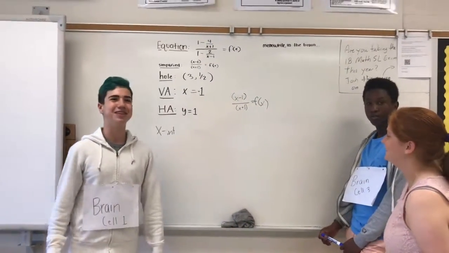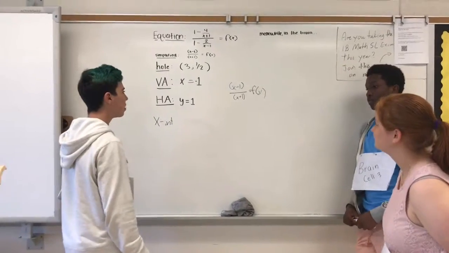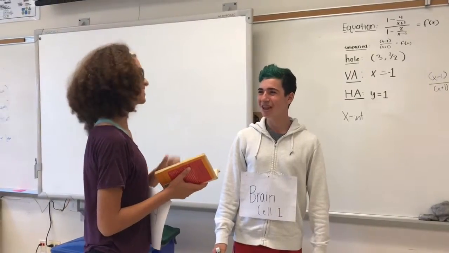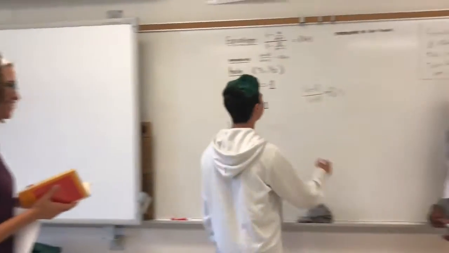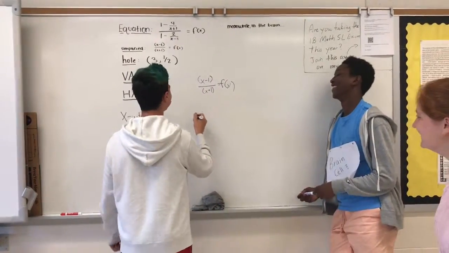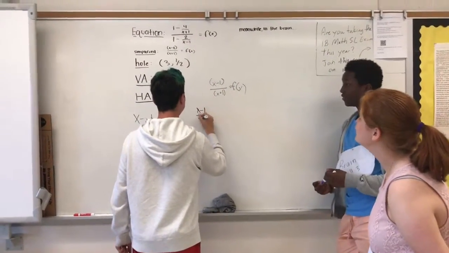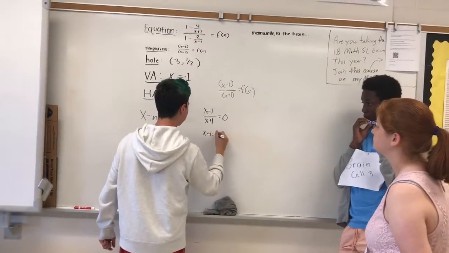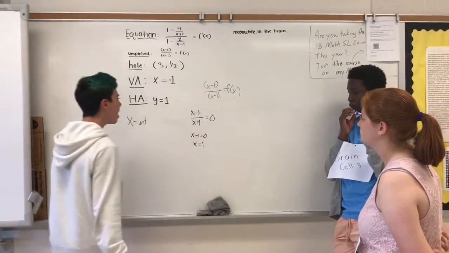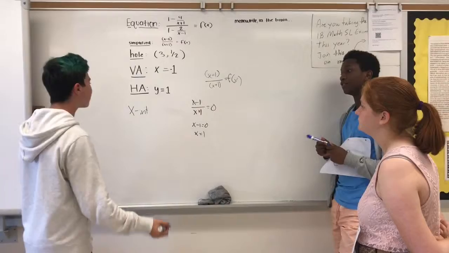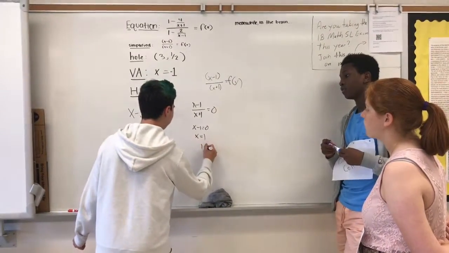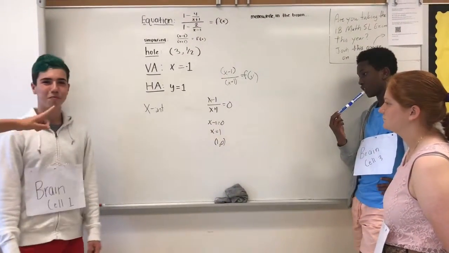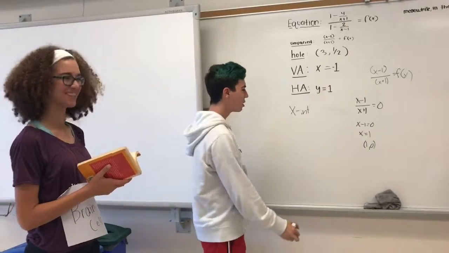To find the x-intercepts, you need to plug in 0 for y. So x minus 1 over x plus 1 equals 0. So x minus 1 equals 0 and x equals 1. So that means that the x-intercept has to be at (1, 0).